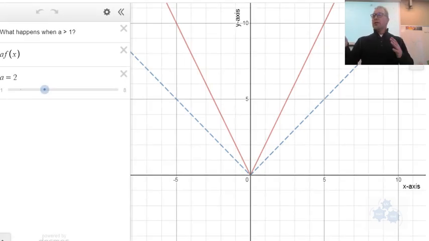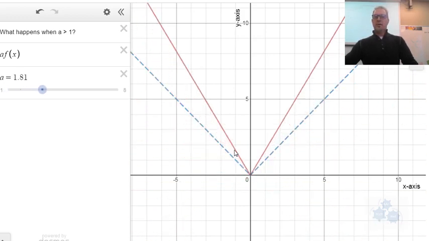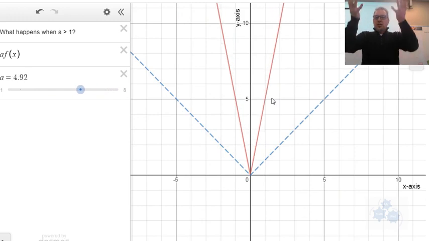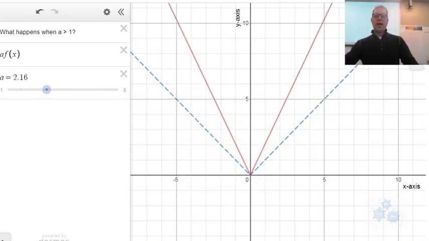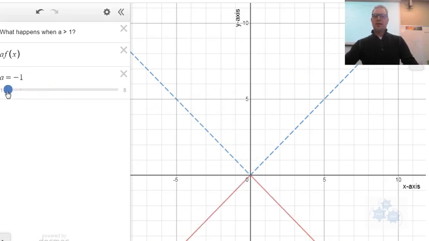Okay, then we move to the stretches. A and b, as we change those values, those are the stretches. So the blue graph is just a regular absolute value function. As a increases, it gets stretched up. As a decreases, it gets pressed down. And of course, when a is negative, it's flipped about the x-axis, right?